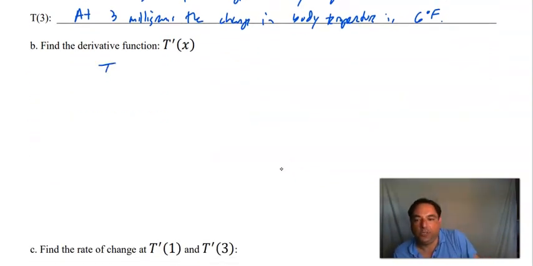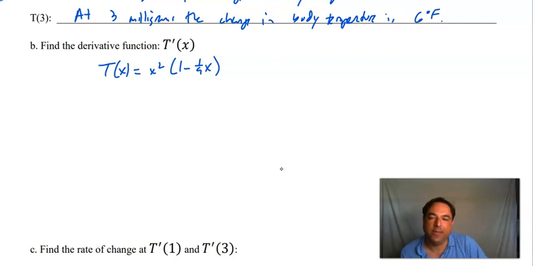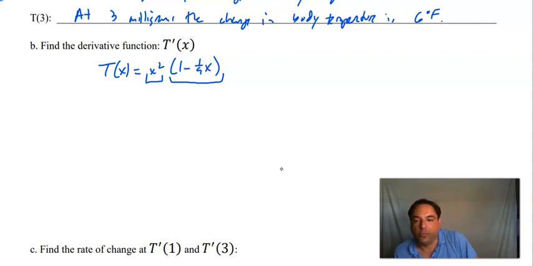So the original, we have T(x) equals x squared times (1 minus 1/9 x), which I'm going to write that as 1 minus 1 over 9x. It means the same thing, but maybe a little bit easier for the derivative. But we have two things being multiplied, so that means we're going to do product rule.